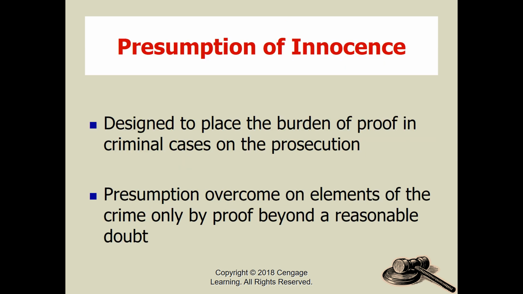Okay, so the presumption of innocence places the burden of proof in criminal cases on the prosecution. The prosecution must prove each and every element of whatever crime we're talking about. So if we're talking about statutory rape, the prosecution is going to have to prove that there was sexual contact between someone who is of age with a minor.